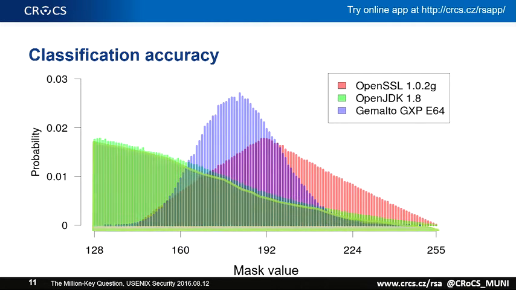If you would have 1 million of keys to classify, and you know that they are all coming from the same source, you can almost perfectly recreate this histogram, and then you are sure it was a green source. In this case, OpenJDK. Okay? But this is usually not the case. For learning, yes. For classification, no. For classification, you usually have just 1, maybe 5, 10 keys, but not really 1 million.